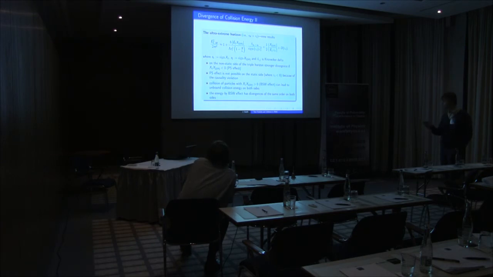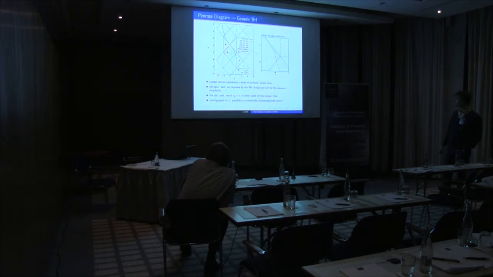In the static region, when this function is positive, it's the so-called BSW effect, and we can see that this term corresponds to this effect. Okay, so these are the promised Penrose diagrams.